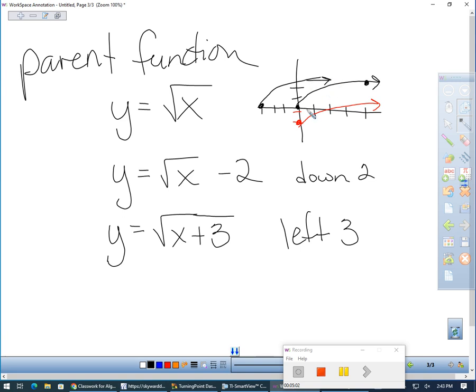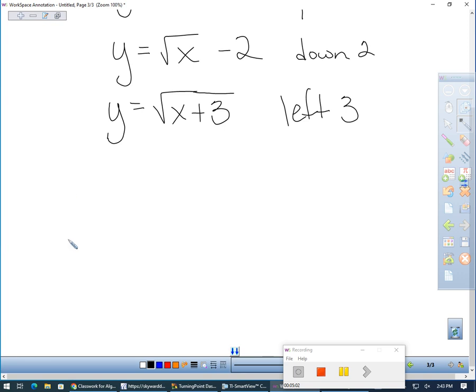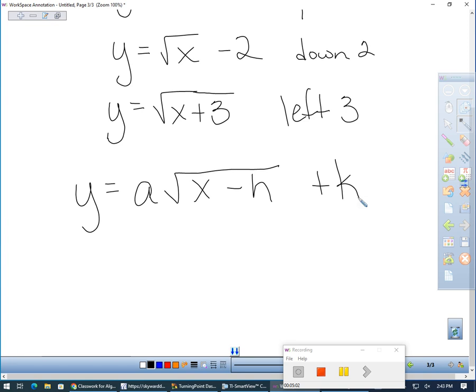Same concept, exactly. All right, so really our translation formula, let's put it all together, would be y equals a times the square root of x minus h, and then plus k. Where, of course, if a is less than 0, it'd be a flip, the bottom half of that parabola. If a is greater than 1, it's going to be a stretch.